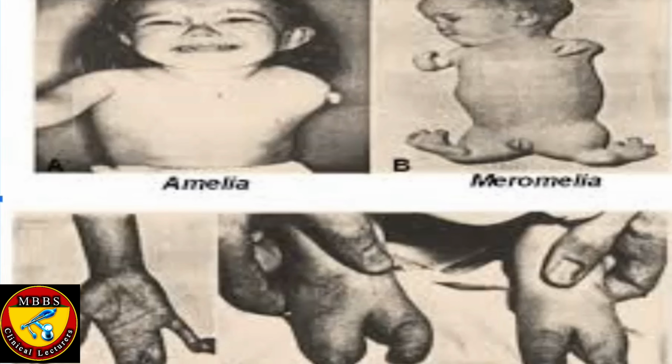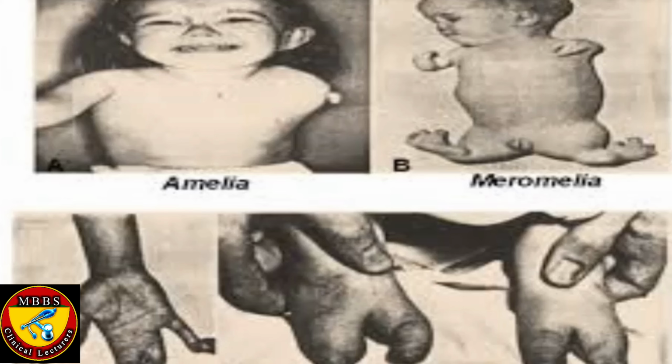Then there is another abnormality which we call amelia and meromelia. Amelia is when there is complete absence of the limb, that is, the limb bud did not form from the lateral plate mesoderm.